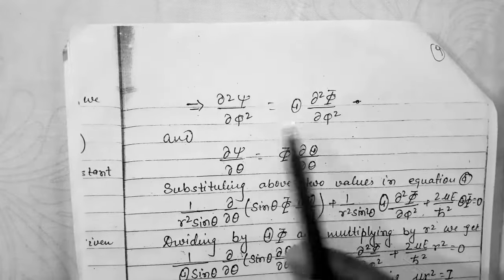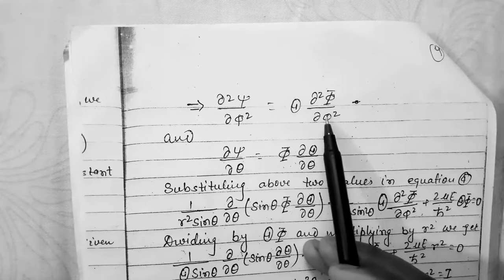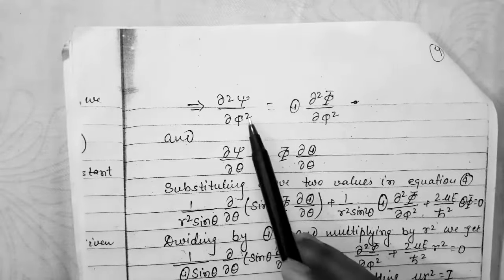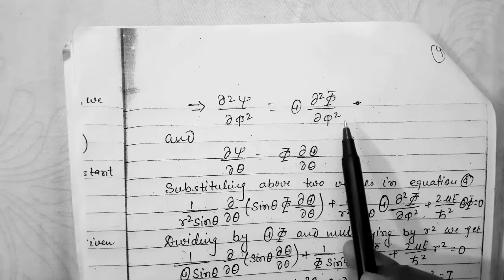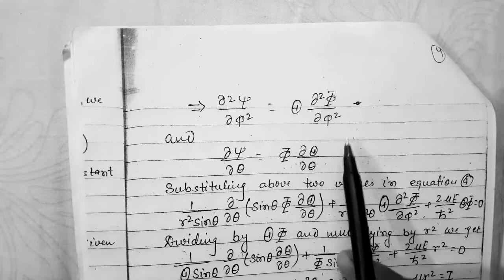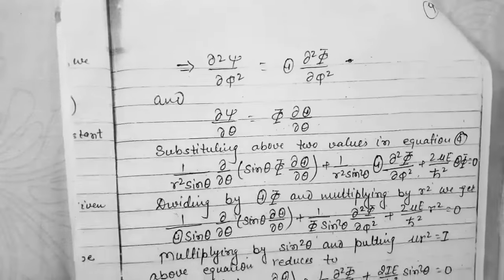Now we have further simplified this equation, the phi term and the theta term, and this has already been expanded in the three-dimensional problem, particle in a box in three dimensions.